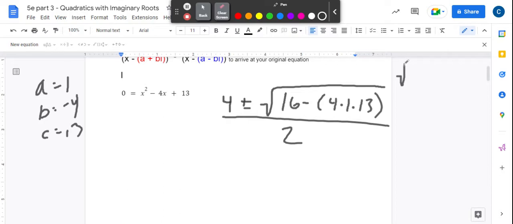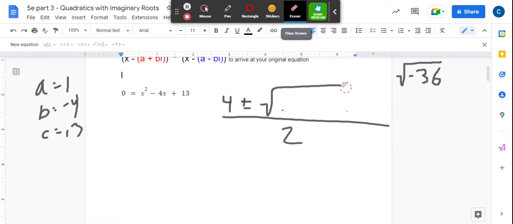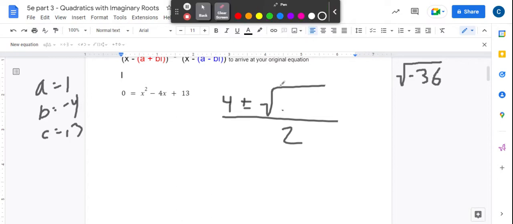The discriminant inside that root is 16 minus 52, which should give us negative 36. So we get 4 plus or minus the square root of negative 36 over 2.